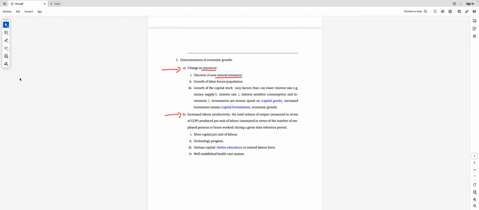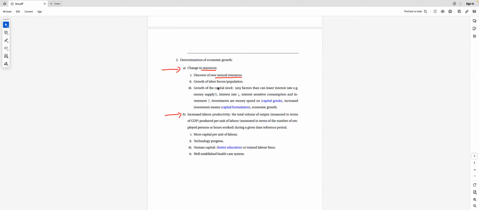All these things are not produced by human beings, so we directly get them from our natural environment. So how can we get more natural resources? By discovering them, because we cannot produce them ourselves. By discovering more natural resources, we can get more natural resources.